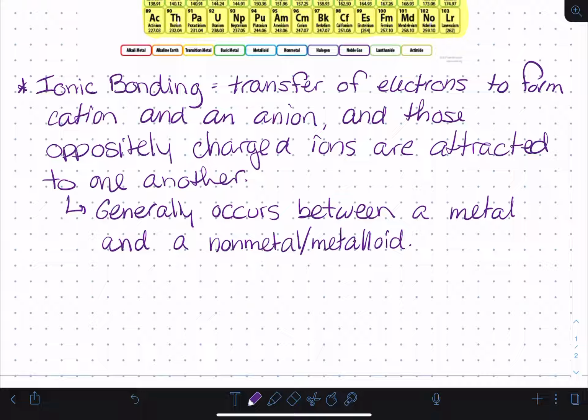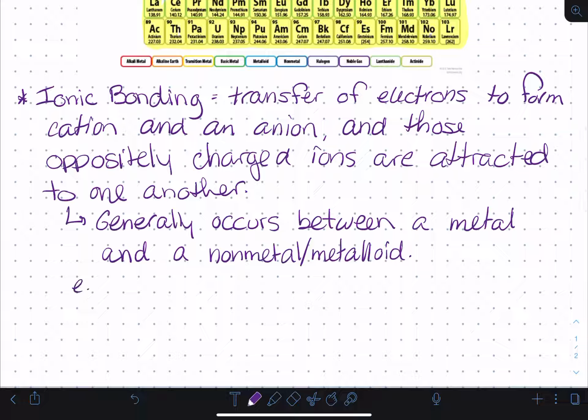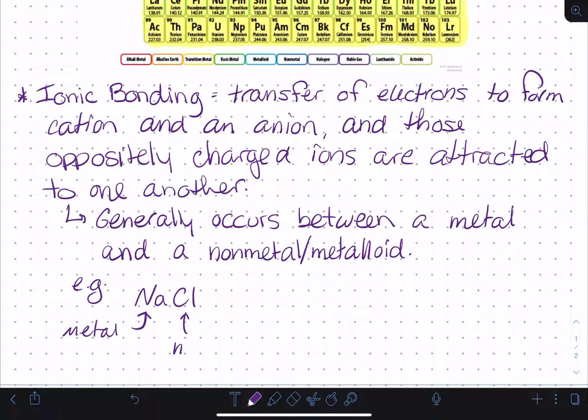So some examples of compounds that are ionically bonded: NaCl, ordinary table salt. Sodium is a metal, chlorine is a nonmetal. Aluminum bromide. Aluminum is a metal, bromine is a nonmetal. Silver oxide. Silver is a metal, oxygen is a nonmetal.